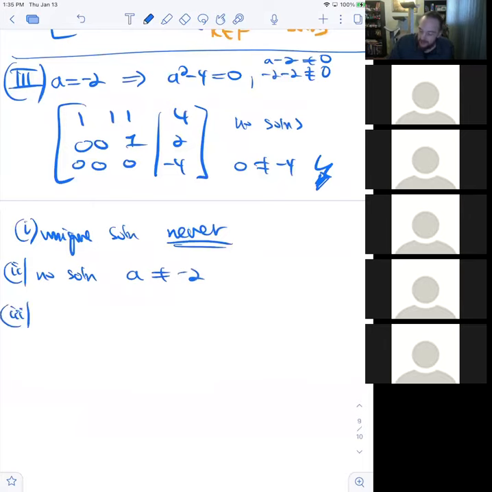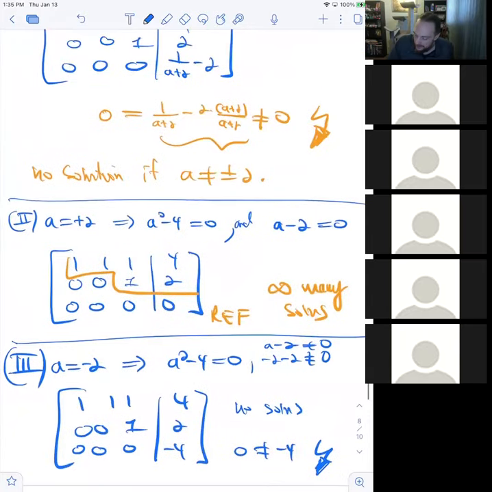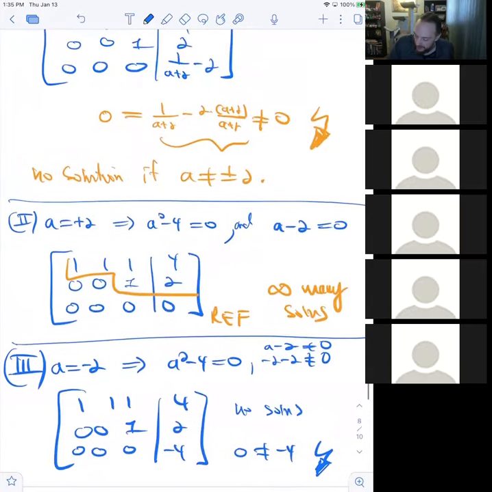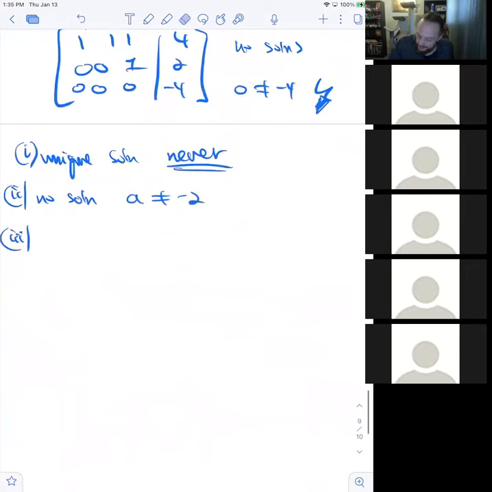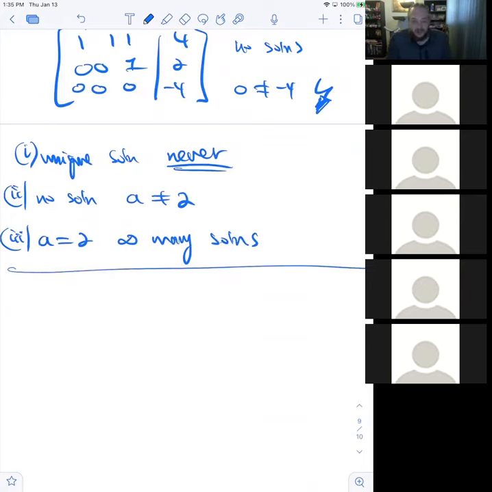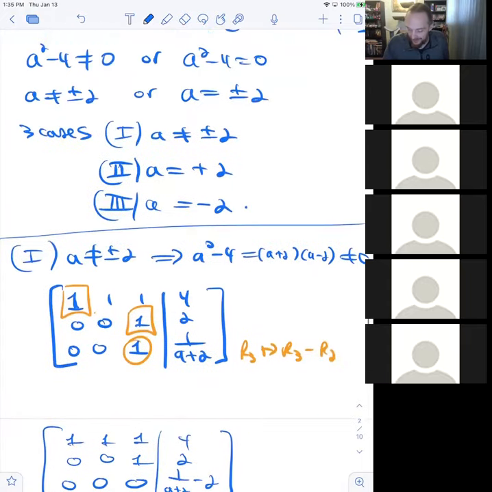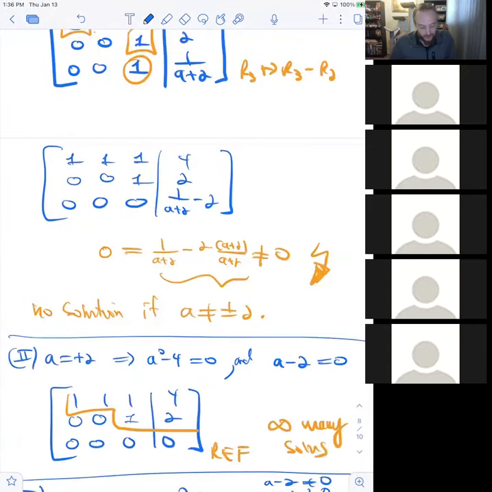And three, sorry, plus 2: if a is equal to 2, we get infinitely many solutions. And so that classifies, for every value of a in this type of game, whether we get one solution, no solution, or infinitely many solutions.